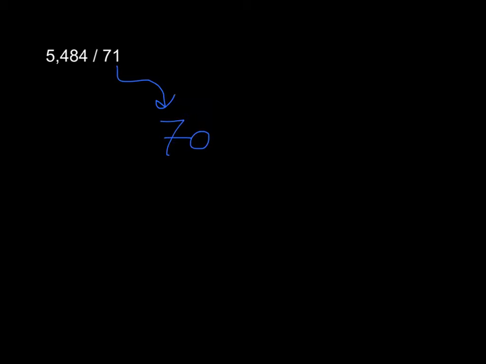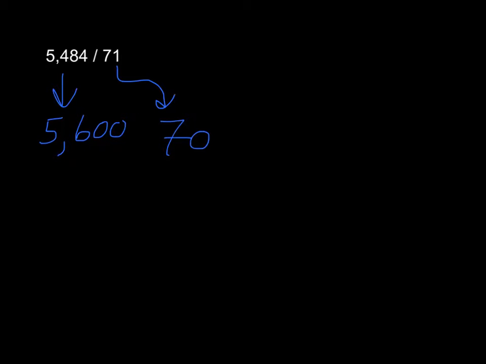So I'm going to take my 5,484 and round that to 5,600. Remember, as an estimate, I can also go down. I could have rounded it to 4,900, but this one's easy. This is what came up first in my head.